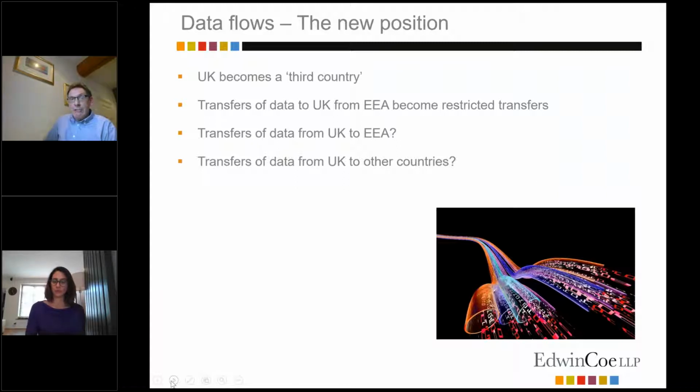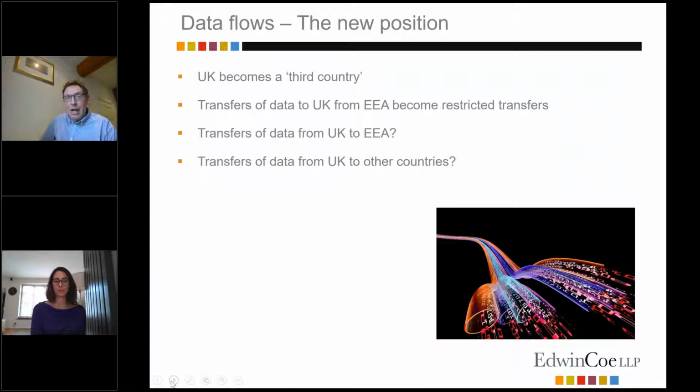What about transfers of data from the UK out to the EEA? So that's also a restricted transfer, but the UK has made what they describe as a provisional finding of adequacy in favour of the EEA.